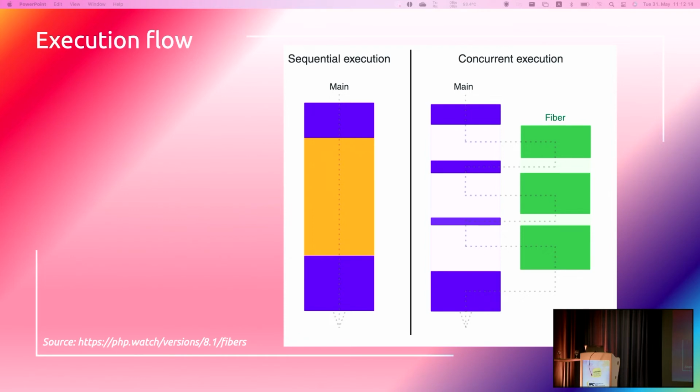This fiber was not running, and this one was running. Then after that, we came back to this fiber here, which was giving us the output, and at the end it terminated. Then we came back to this one. It also has nothing more to do, so it gets terminated, and we come back to the main flow. So it's still, like you said, not asynchronous. We are not running it on both hands at the same time.